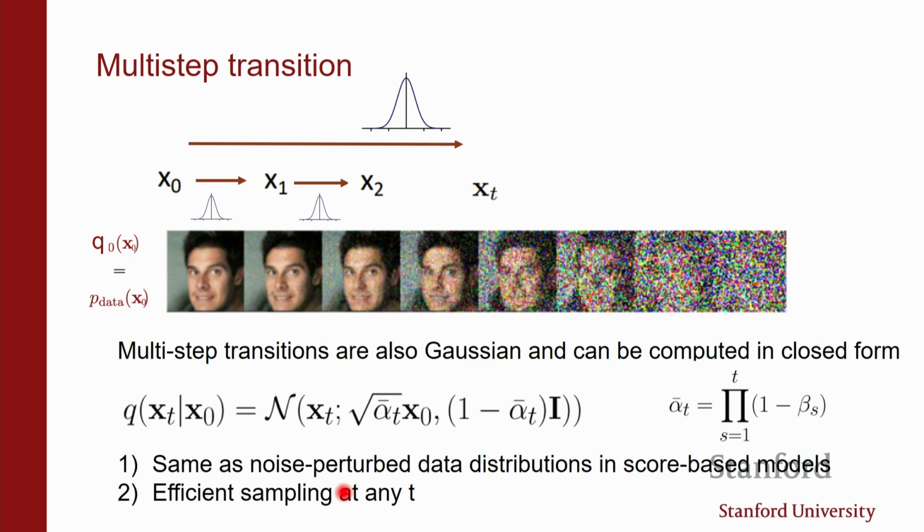So basically this alpha bar t goes to 0 essentially by choosing... you might imagine that if you add a sufficiently large amount of noise, it doesn't matter where you started from, everything kind of looks the same. And so that's the trick.